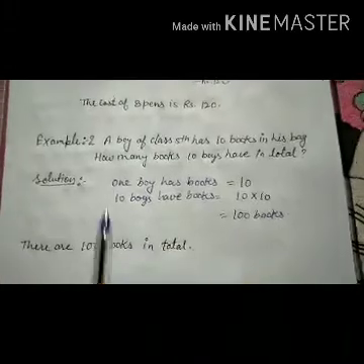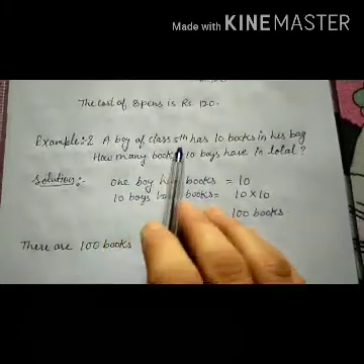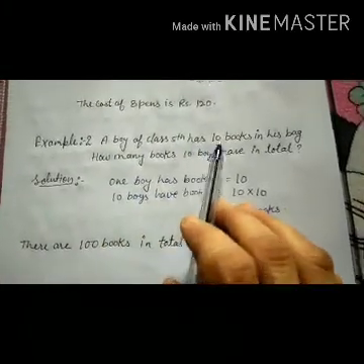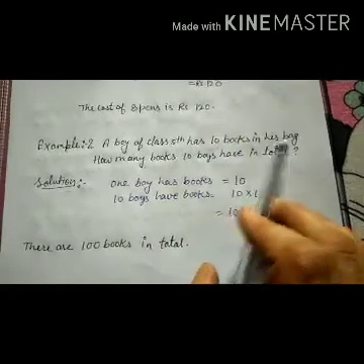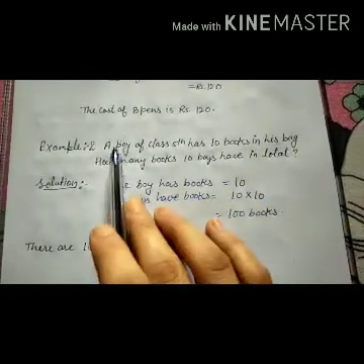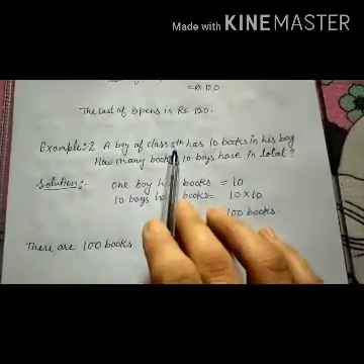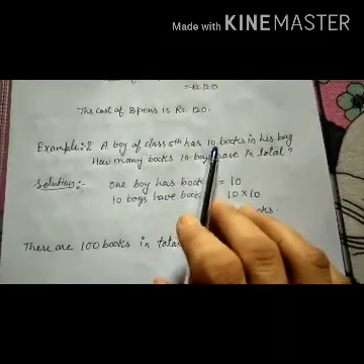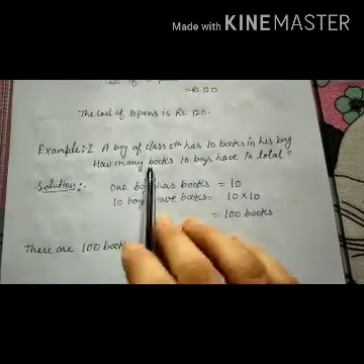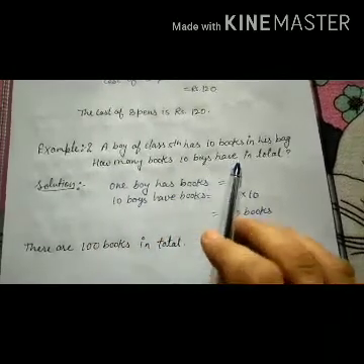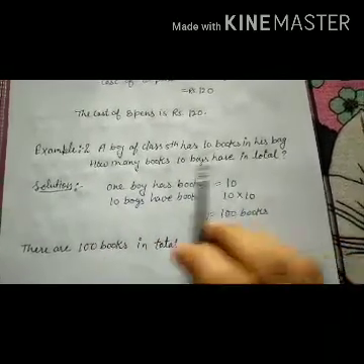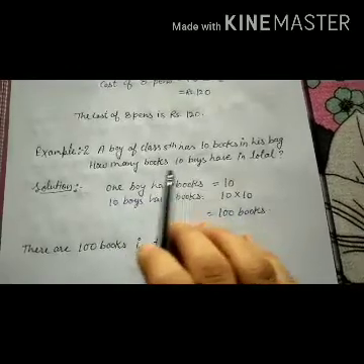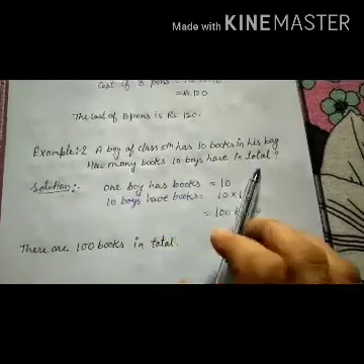Similarly, we have another example here. A boy of class 5th has 10 books in his bag. A boy, from which class? 5th class. And how many books does he have in his bag? 10 books. How many books do 10 boys have in total? So what will we do?